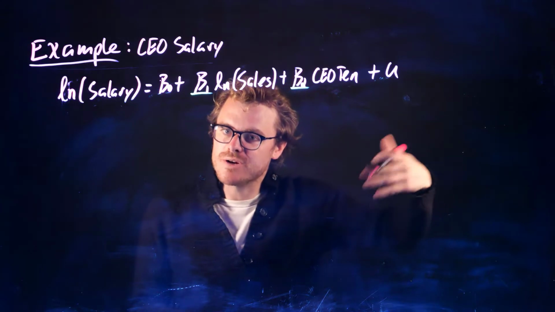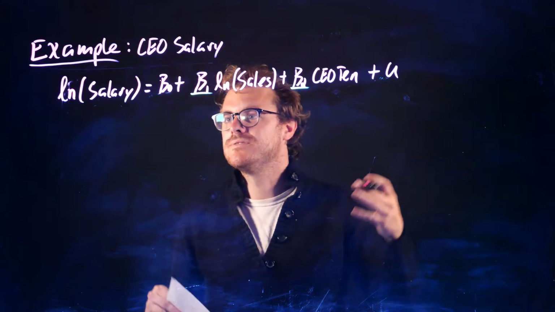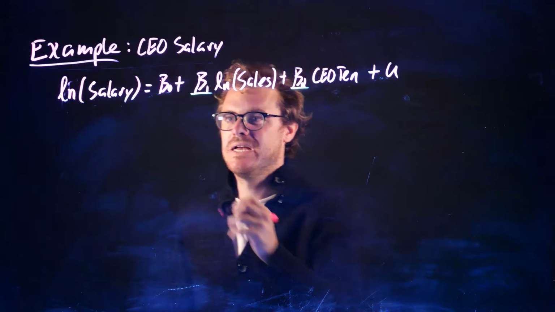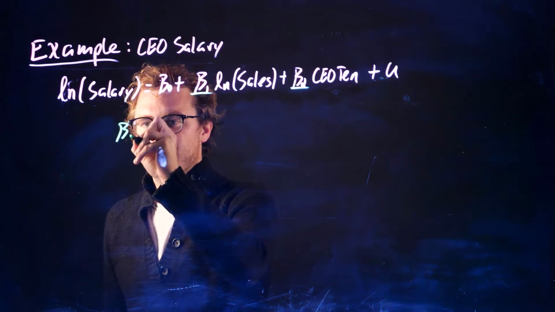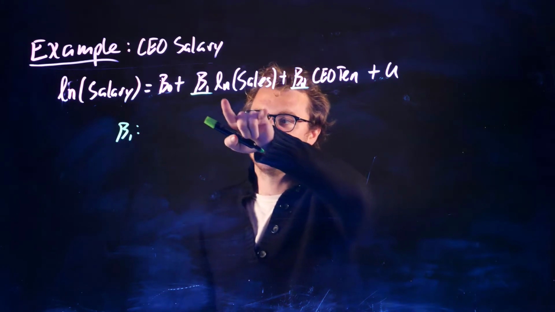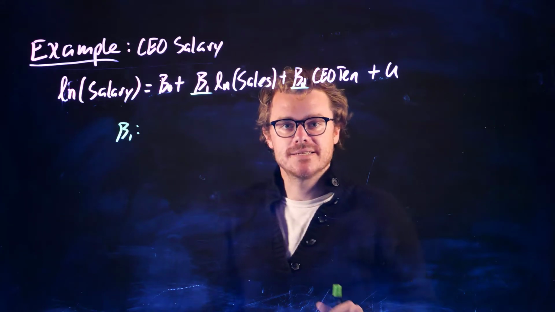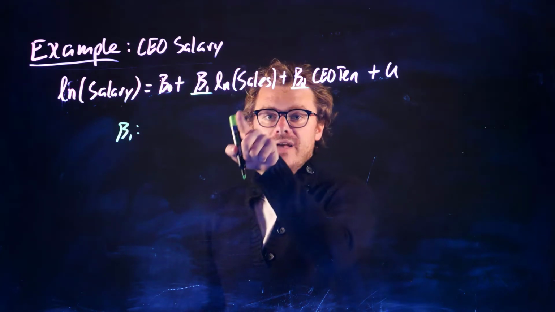We're going to get into interpretation in a second, but let's at least give some example with a defined number of independent variables. And so maybe I'll use green. If we remember from chapter 2 with nonlinearities, when we have log on both sides, this beta 1 is capturing an elasticity, the elasticity of CEO salary with respect to sales.